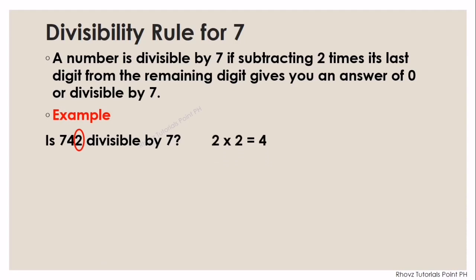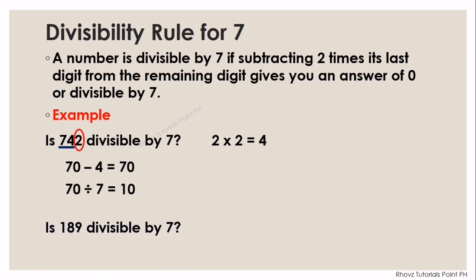And then, isubtract natin sa remaining digits. Yung remaining digits na sinasabi niya is 74. So, 74 minus 4 is equal to 70. Kung yung sagot ay divisible siya ng 7, ibig sabihin, yung number na yun is divisible by 7. So, therefore, 742 is divisible by 7.